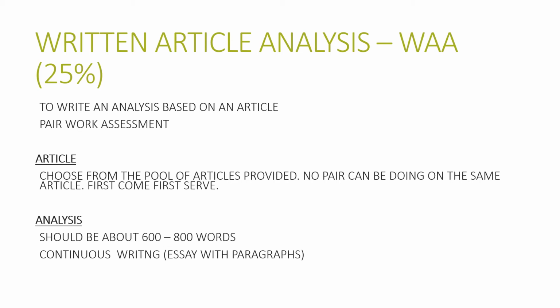At the bottom of your analysis, write how many words you have written. It should be 600 to 800 words. Please don't write more than 800 words, because I believe if you write more, you will commit more mistakes. So just stay within the limit.